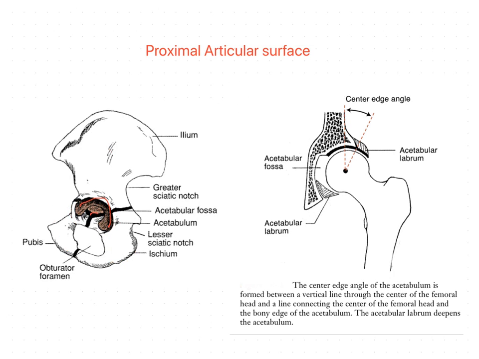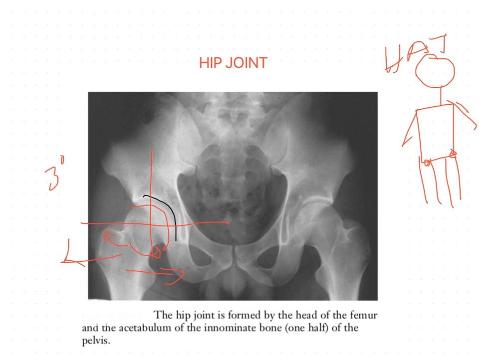If you look, you can see all these variations in the X-ray. So on the lateral side, it has an inclination of 50 degrees, and the acetabulum is anteriorly rotated 20 degrees and also tilted anteriorly 20 degrees.